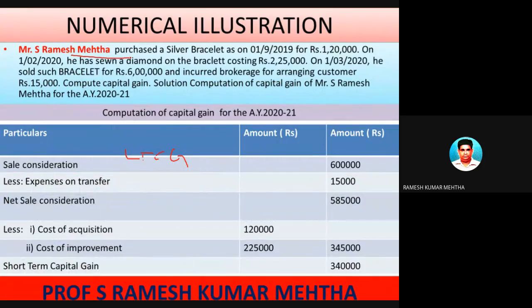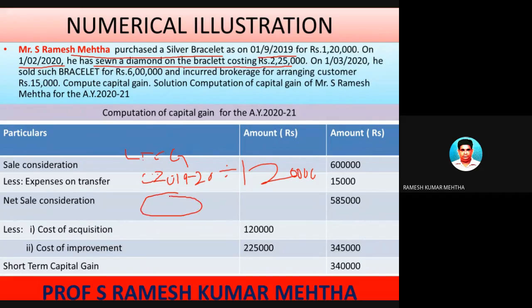Mr. Ramesh Kumar Mehta purchased a silver bracelet on 1/9/2019, so in the current financial year 2019-20, he purchased a bracelet for 1,20,000. On 1st February 2020, he set some diamonds on that bracelet, and the cost of the diamonds is 2,25,000.